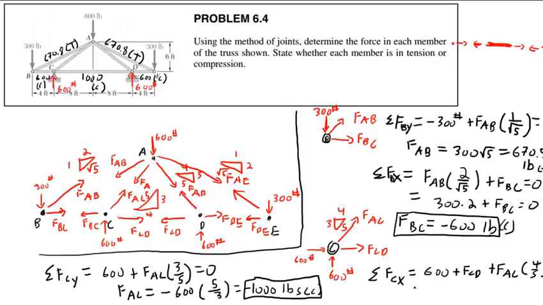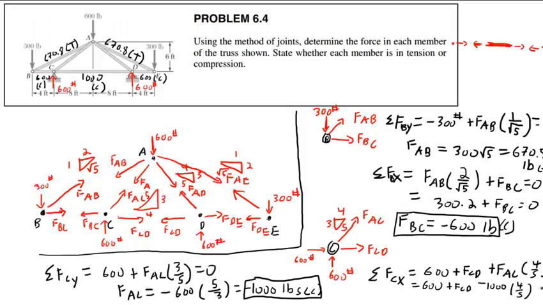And so then this is, let's see, this is 600 plus FCD minus 1,000 times 4 over 5.